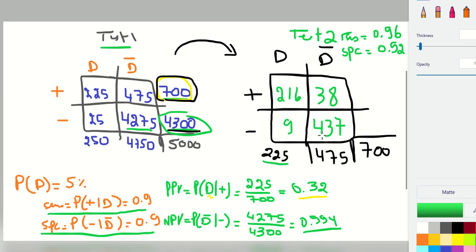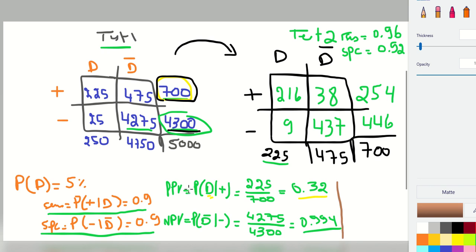Now let's again get the marginals. So 216 plus 38, that's 254 total positive, and 446 total negative. Now on this follow-up test, we're going to calculate again the positive predicted value and the negative predicted value.